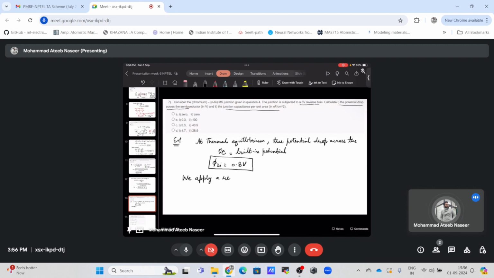Now we apply a reverse bias of minus 5 volts.